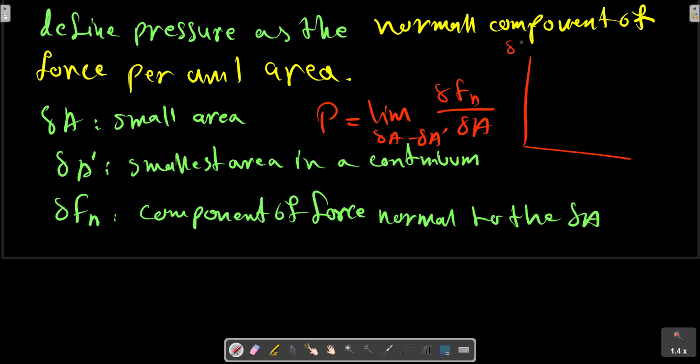For example, delta Fn on delta A we have fluctuation for the system, and delta A prime, delta A. Delta A prime is the place where the continuum is governed. The pressure P at a point in a fluid in equilibrium is the same in all directions.